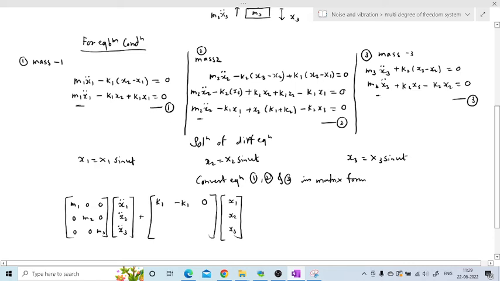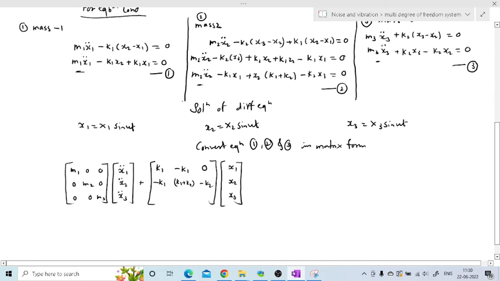For the second equation, minus k1 for x1, then for x2 it is k1 plus k2, and for x3 it is minus k2. Now for the third equation, we don't have an x1 term, so it will be 0.